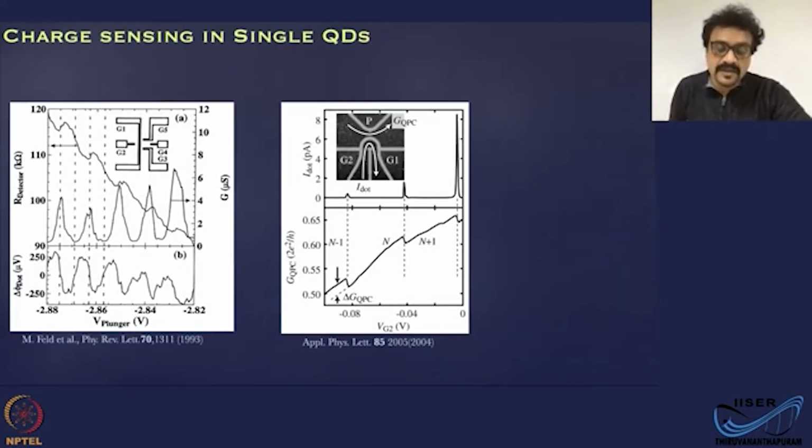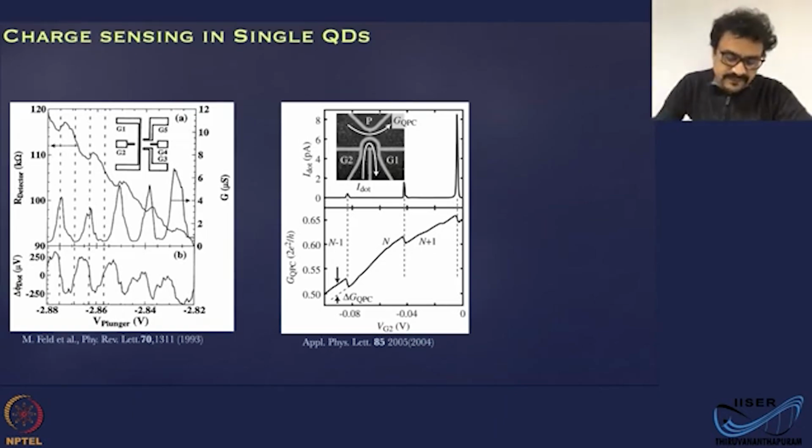These are a couple of representative experiments where the quantum point contact has been used to sense the charge in a single quantum dot, charging and discharging events in single quantum dots.